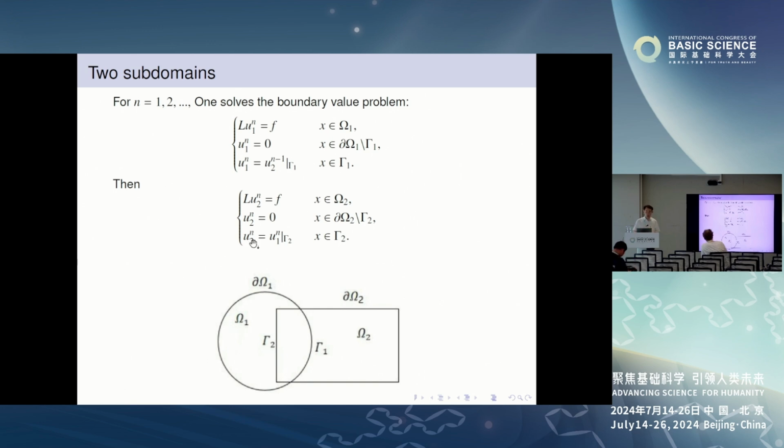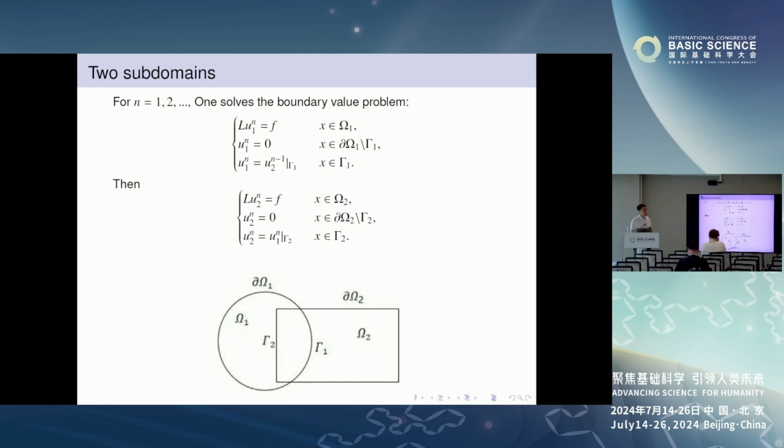So this U21 is exactly equal to U11. So you solve this equation in this subdomain, okay? And then you get the information on this boundary gamma 1, and you can continue to solve in the circle, then get the information on gamma 2, and solve this equation in the rectangle. This is Schwarz alternating over these two subdomains.